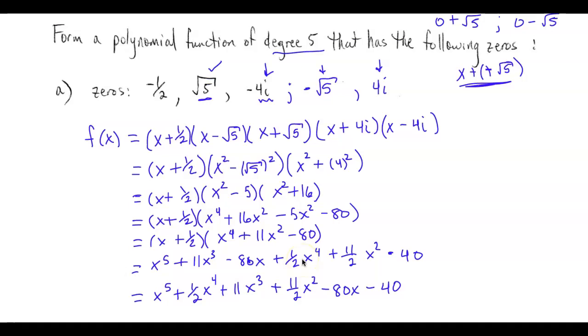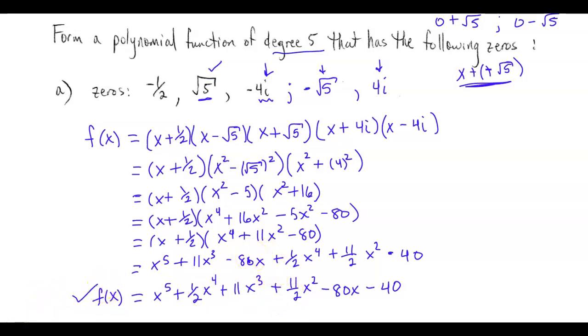And so this is what our answer would be if we had to write out everything in the traditional canonical form of what this polynomial f of x should be. So f of x is equal to that, and this would be our answer.